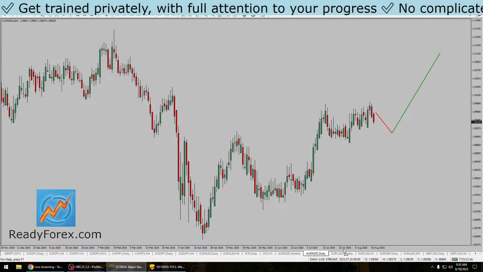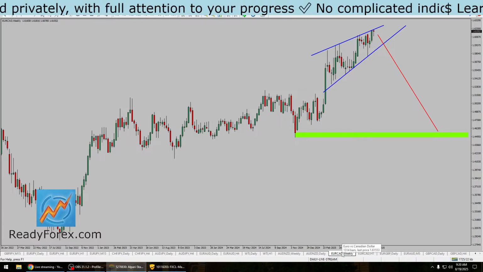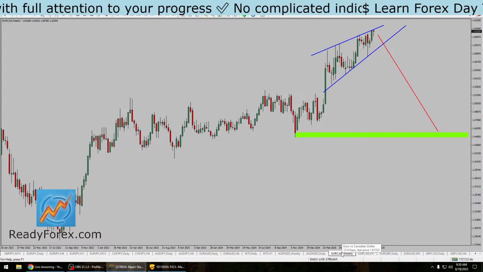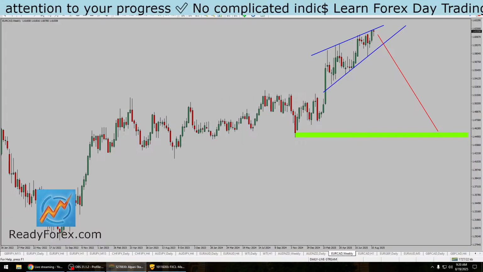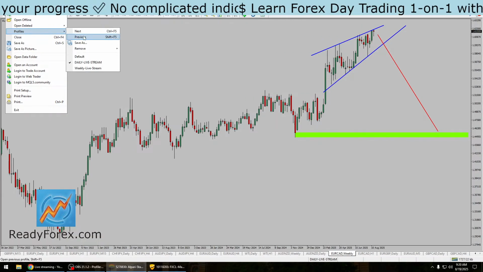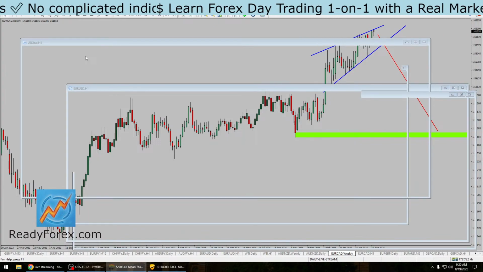Okay, next one is the EURUSD. EURUSD market is trying to print a top over here. Let me check out my scanner. Let me see if I have the EURUSD over here with the Elliot Wave scanner or not.